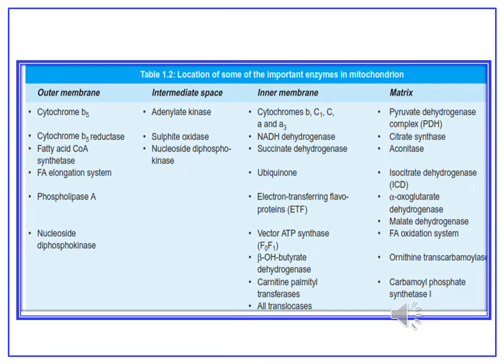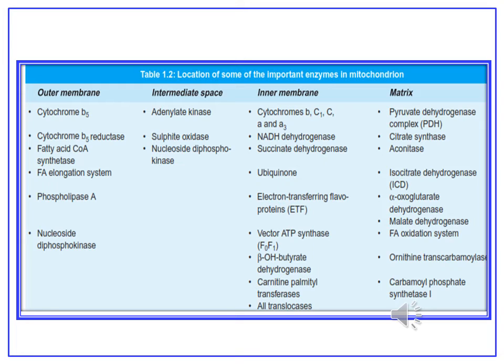The inner membrane of mitochondria contains cytochromes b, c1, c, a and a3, NADH dehydrogenase, succinate dehydrogenase, ubiquinone, electron transferring flavoproteins, ATP synthase, beta hydroxybutyrate dehydrogenase and carnitine palmitoyl transferase.